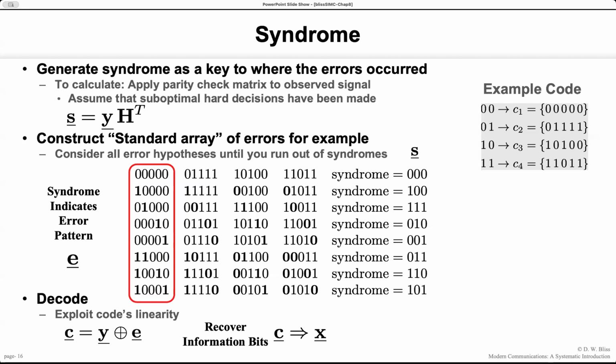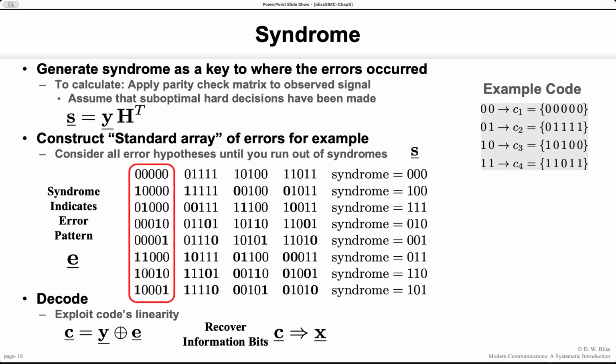What we can do then is take this observed sequence of bits and ask the question, is this a valid code word? By multiplying it by the parity check matrix transpose. When we do that, we get what we call the syndrome. The syndrome is the number of parity bits long.